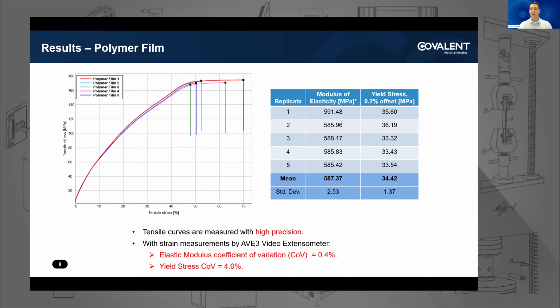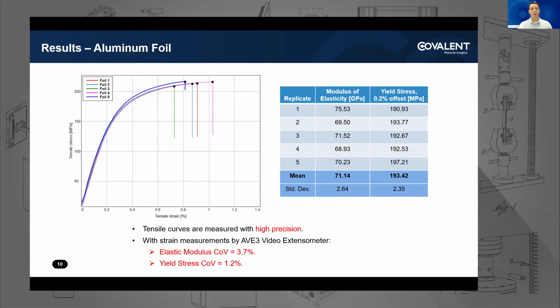What that means is that the magnitude of the standard deviation is just 0.4% of the average value of the modulus. So, a very high precision measurement. In the case of yield stress for the polymer film, the coefficient of variation was only 4%, also still a very high precision measurement. This slide shows results for the aluminum foil.